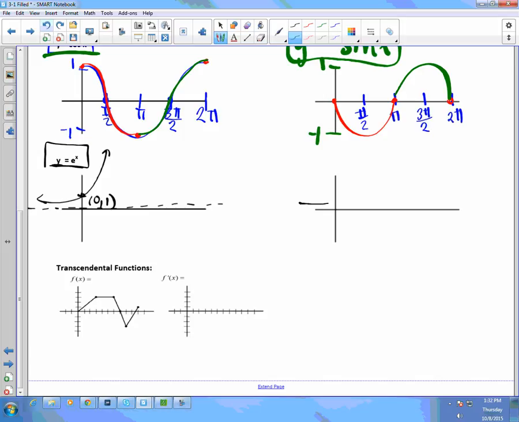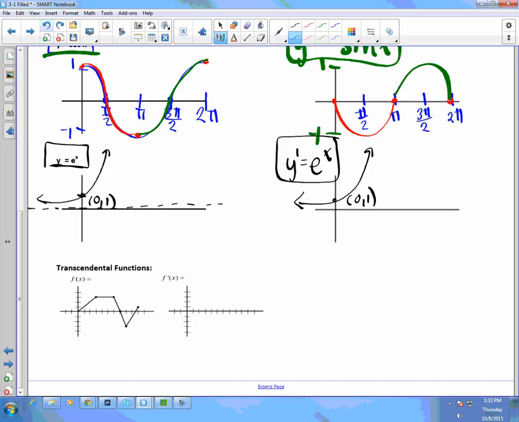This is the derivative. It's the same thing. This is a nice one. The derivative of e to the x is itself, e to the x. It has to be above the x-axis because it's increasing the whole time, so the derivative has to always be positive.